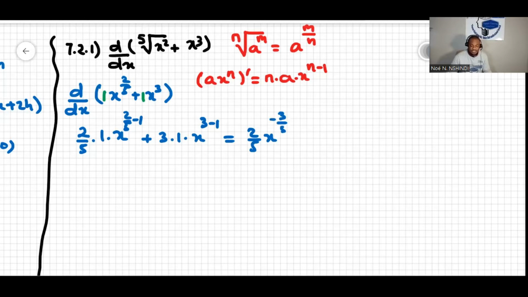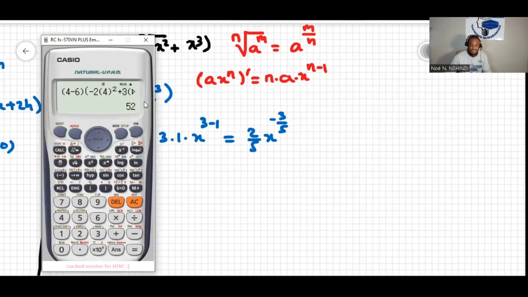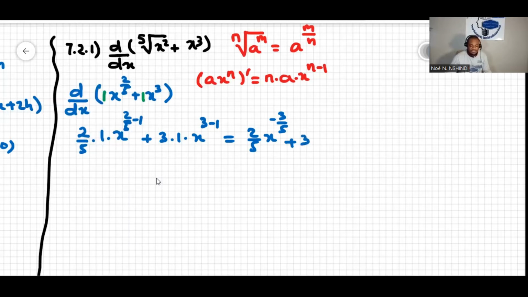You can check that in the calculator: 2 over 5 minus 1 gives negative 3 over 5. So plus 3x to the power of 2.